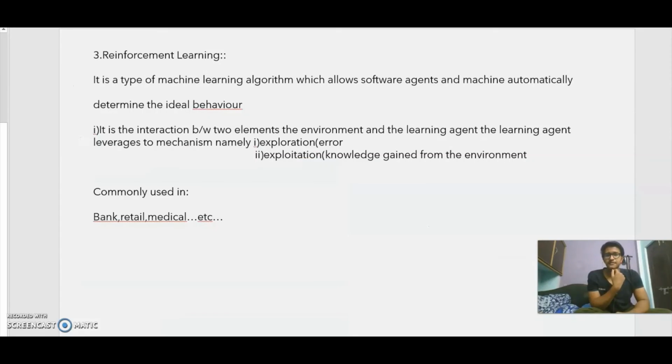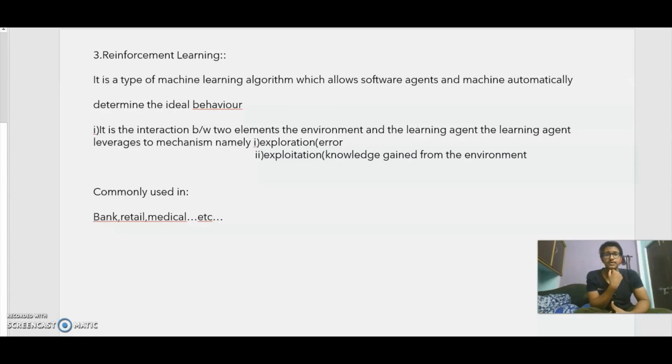And coming to reinforcement learning. Reinforcement learning is a type of machine learning algorithm which allows software agents and machines to automatically determine the ideal behavior. It is the interaction between two elements: the environment and the learning agent. The learning agent leverages two mechanisms, namely exploration and exploitation.